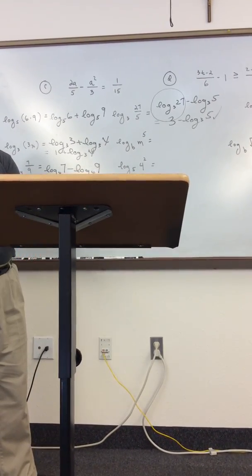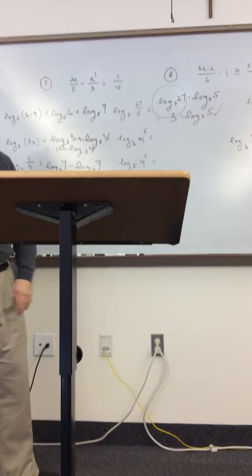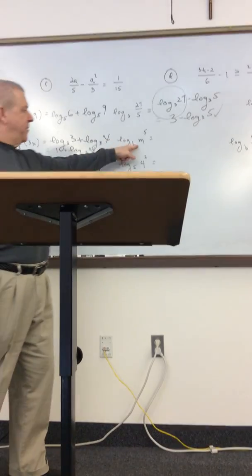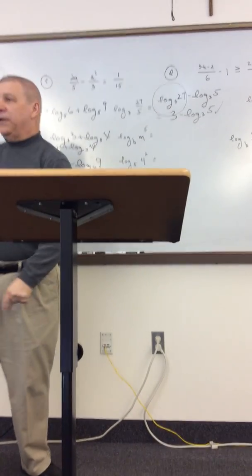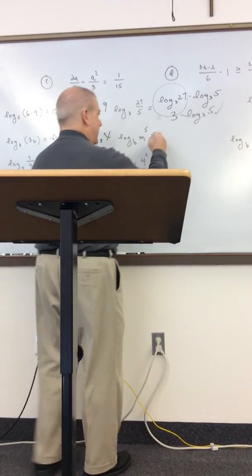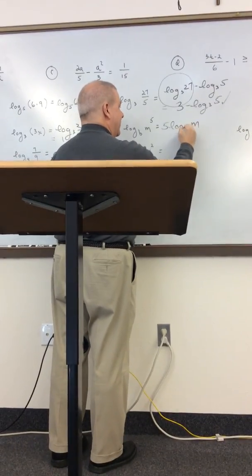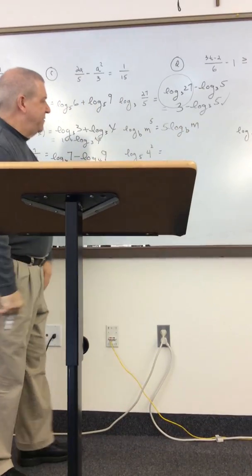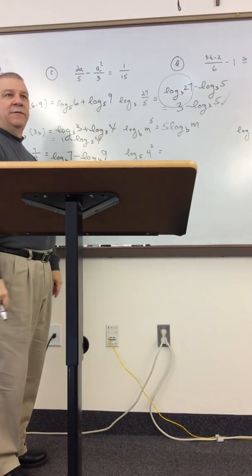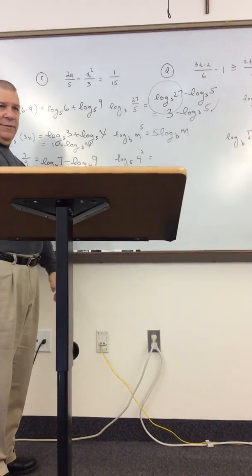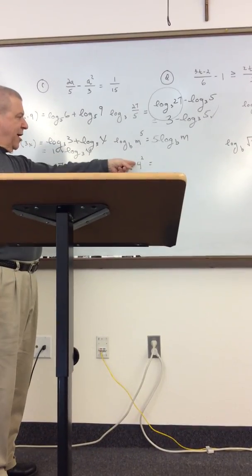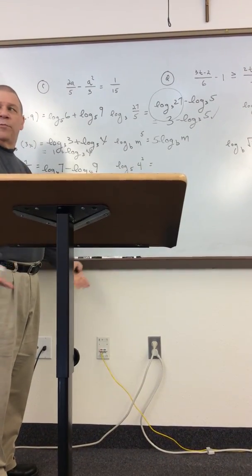All I'm teaching you today is how to use the properties. So what's this equal? Number 3. 5 log of m to the base b. That's done. Give me the next one. Come on, these are fast. The log of 4 squared to the base 5. Just use the property.